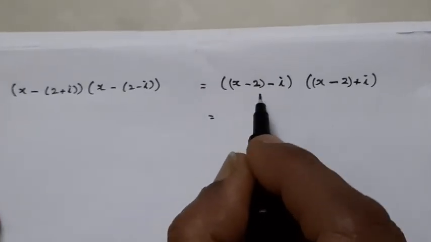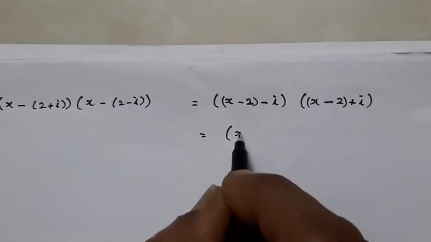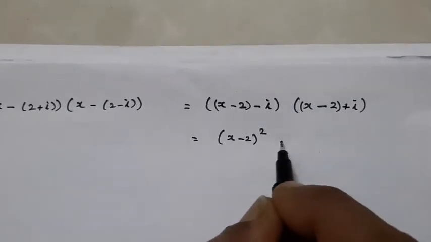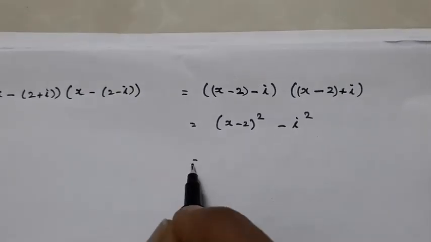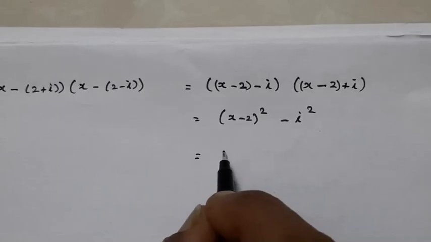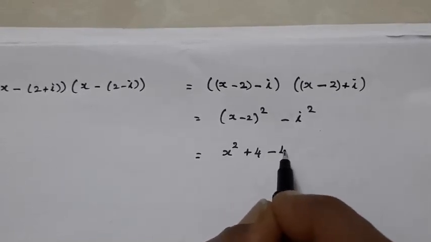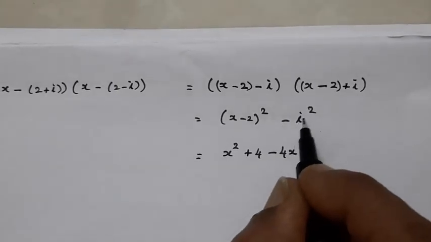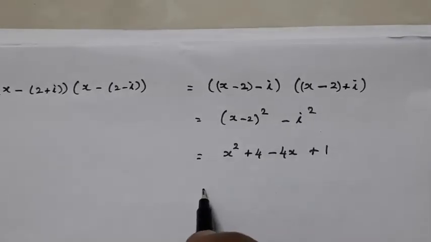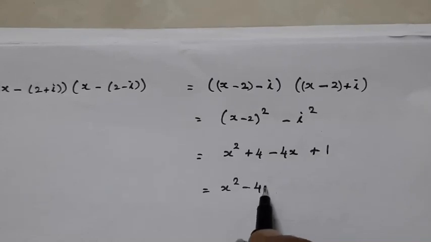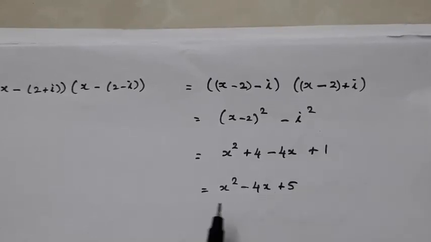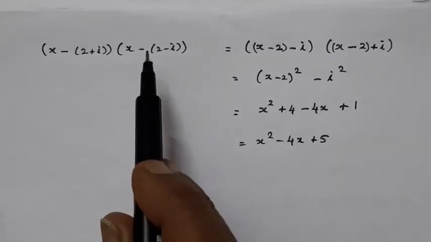So using the identity a squared minus b squared, it will be (x minus 2) the whole squared minus i squared. Expanding (x minus 2) squared, it will be x squared plus 4 minus 4x, and i squared being minus 1, it will become plus 1. So x squared minus 4x plus 5. So this is the product of these two factors.